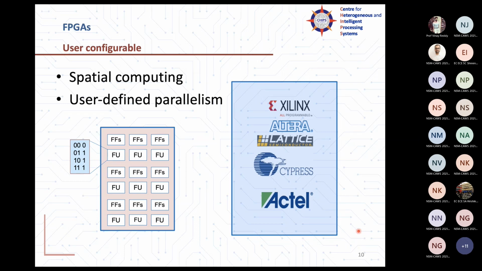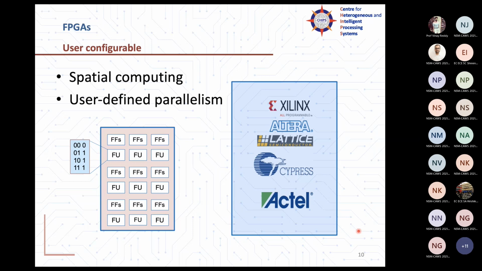So for example, if I have a graph application and I have to store a graph on chip, and I need a lot of comparator operations, then my functional unit will be a comparator and my memory on chip will be used to store that graph.